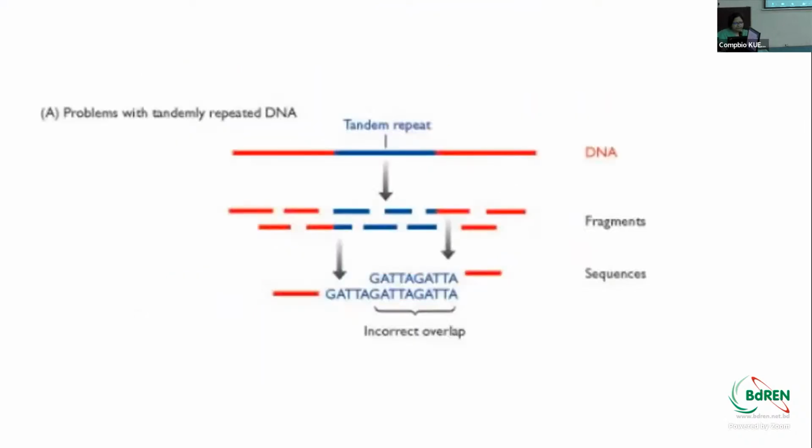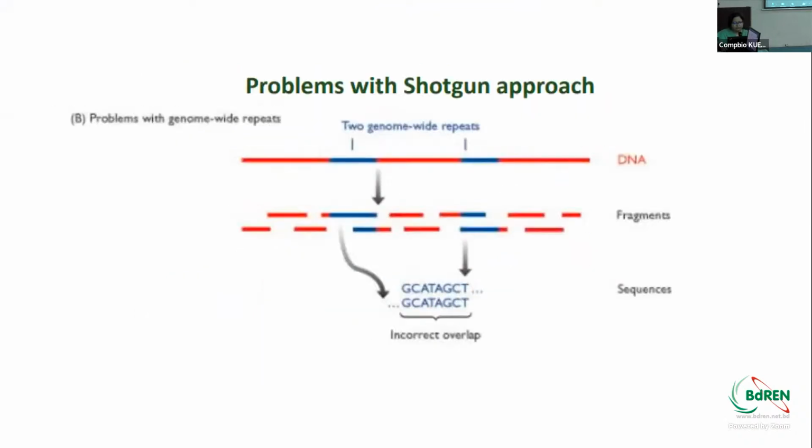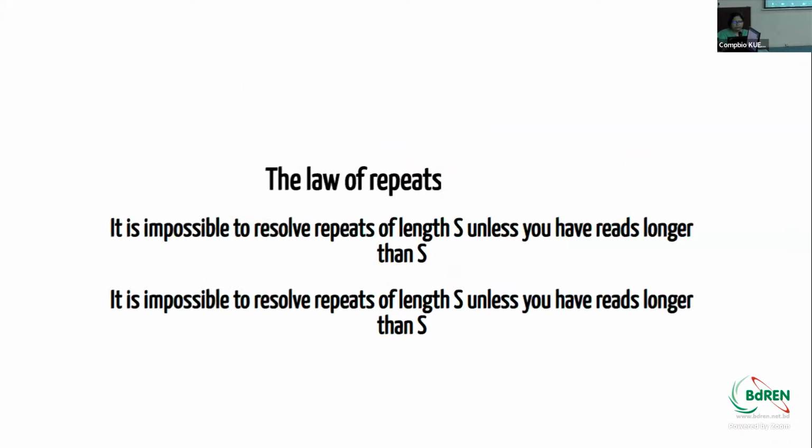There are more extensive classifications of these, but these are the culprits making our assembly difficult. I already stated this too: the law of repeats. I found it in another slide: it is impossible to resolve a repeat of length S unless you have reads longer than S. If you have a repeat longer than your read length, it is very difficult to resolve.